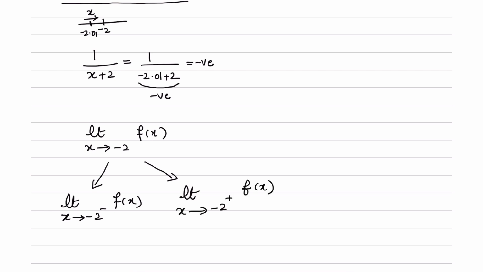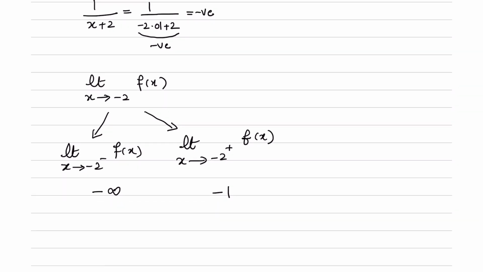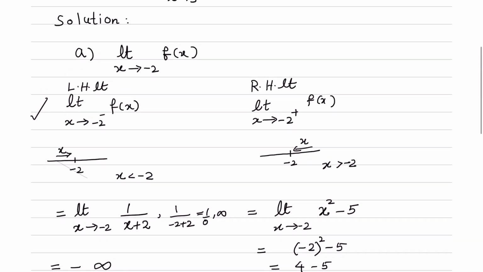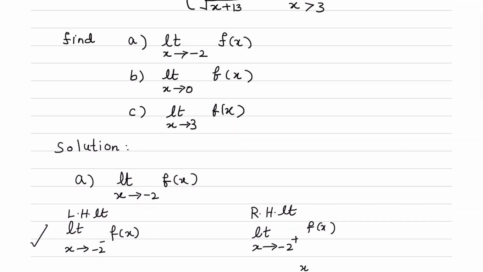The right hand limit answer was -1 and the left hand limit answer was -infinity. Since the left hand limit answer is not a definite number, we will simply say that the limit at -2 does not exist. So we have answered part A.